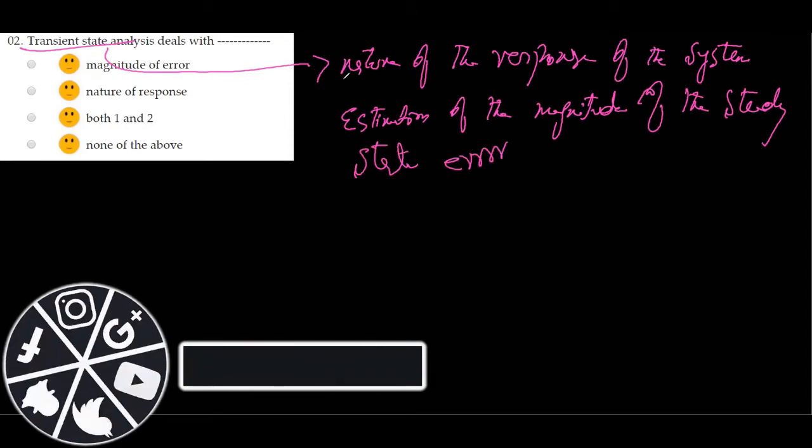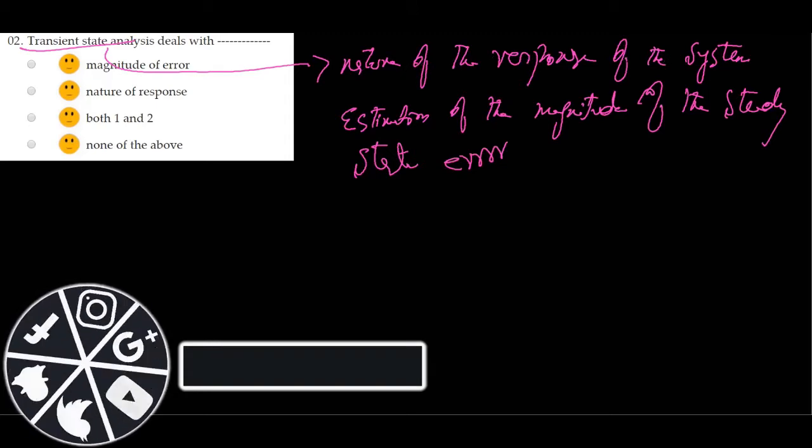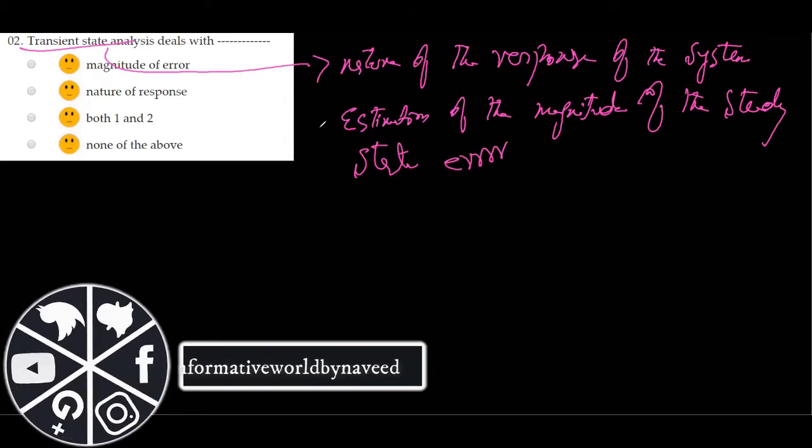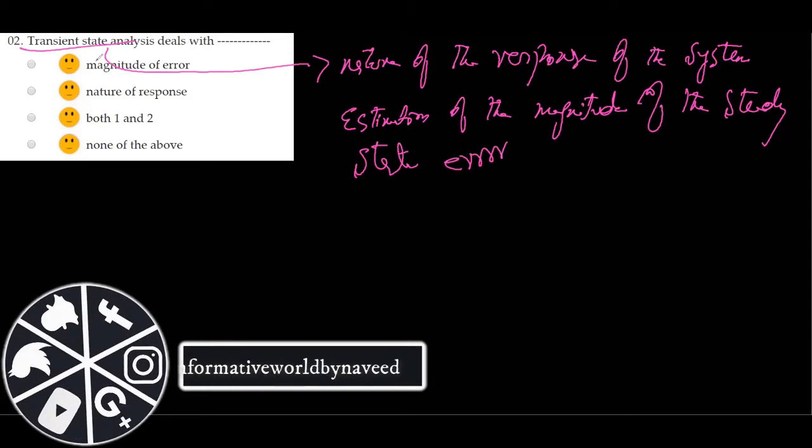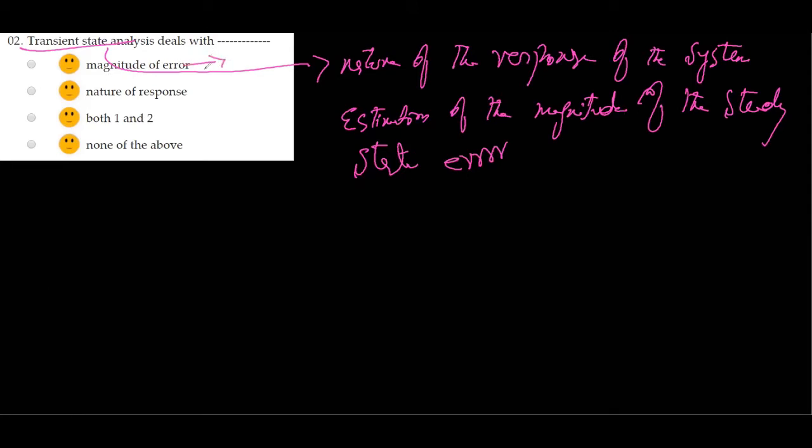So the magnitude of error is the steady state analysis, and the nature of the response is transient. So option B is the correct answer.